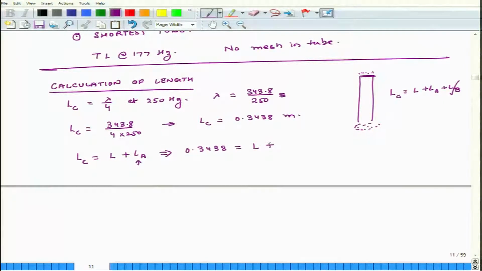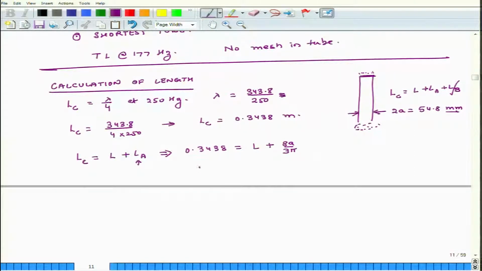So, 0.3438 equals L plus LA, and what is LA? It is 8a over 3 pi, and a is the radius of this pipe. We are given 2a equals 54.8 millimeters, so a is 27.4.